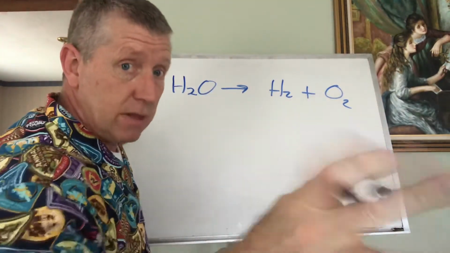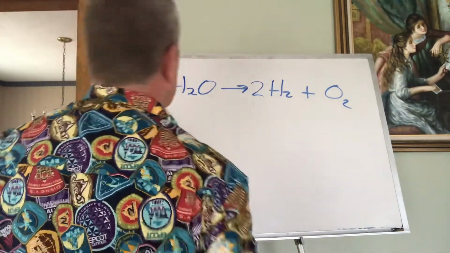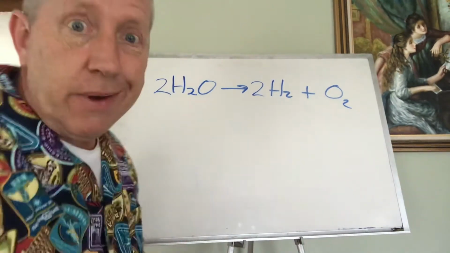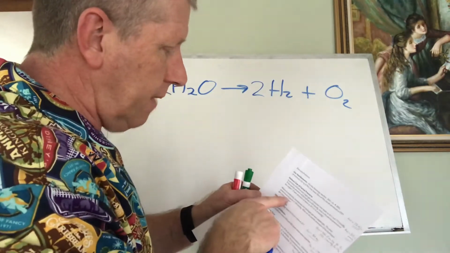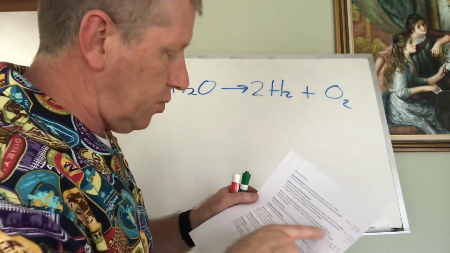Let's make it a balanced equation. Okay. All right. Sweet. What's the question even asked? Let's find out. The total pressure of the gases is 700 millimeters of mercury. What are the partial pressures of the hydrogen and oxygen?